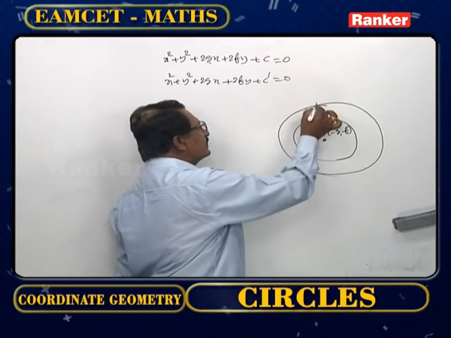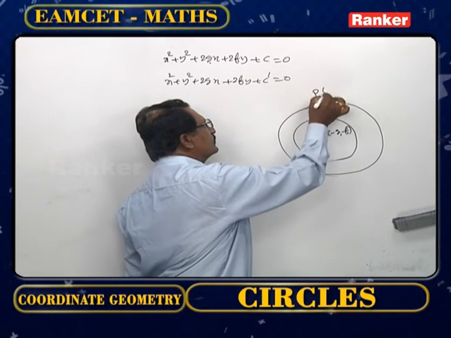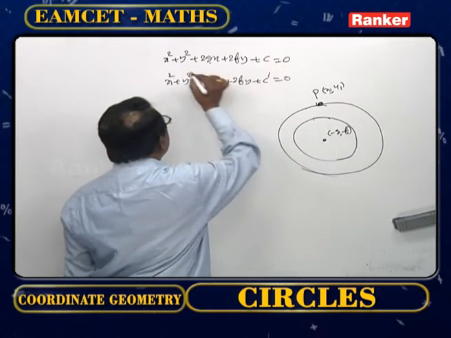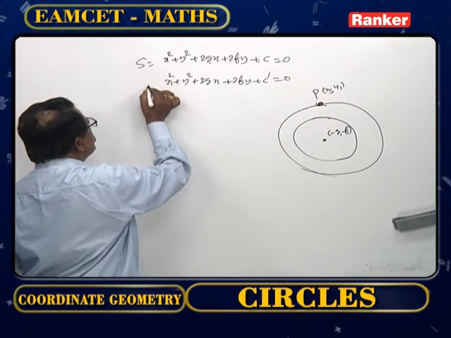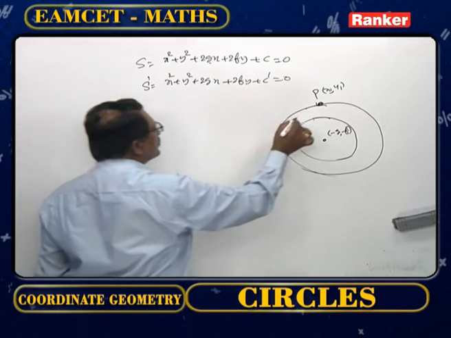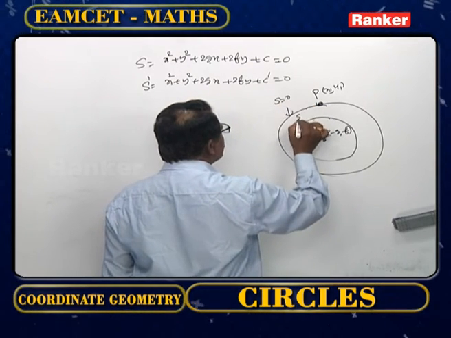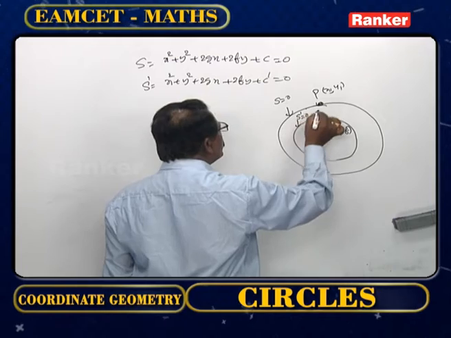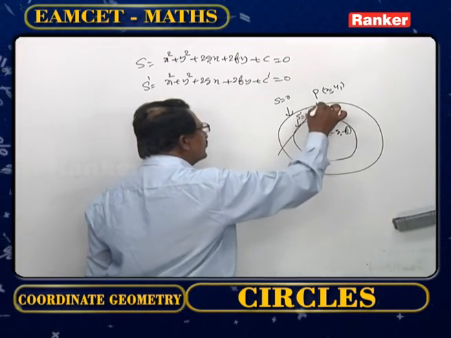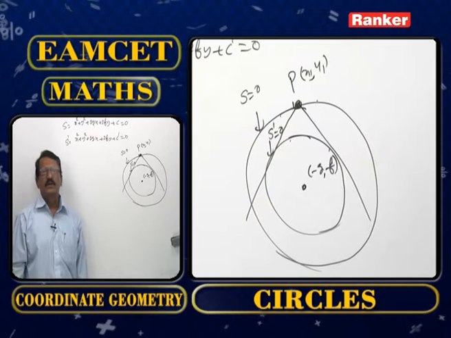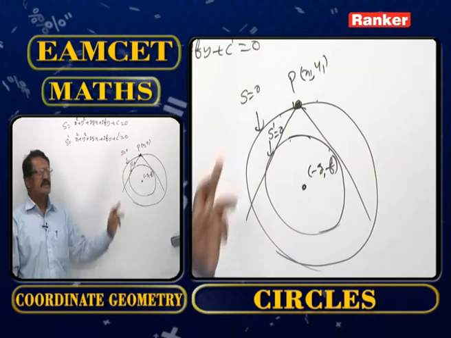Now suppose P(x1, y1) is any point on the first circle. Consider the first circle S equals 0 and the second circle S dash equals 0. From any point on the first circle, the length of the tangent is fixed because the two circles are concentric.